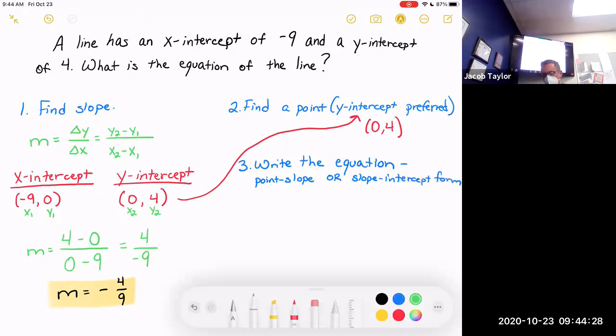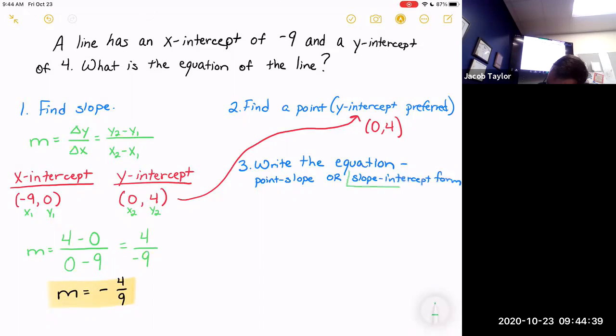Someone refresh my memory. It's been so long. What is slope-intercept form? Well, it starts with y equals. Oh yeah, y equals m.